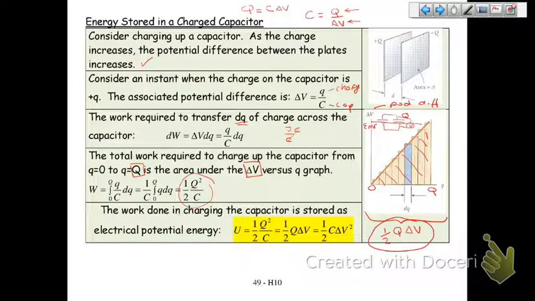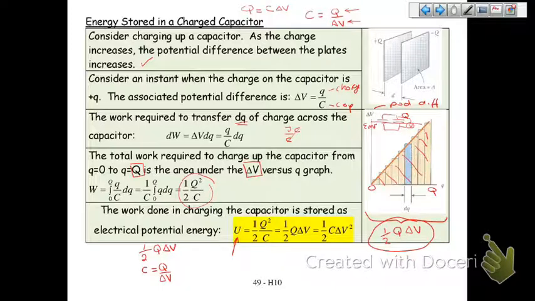So how do they relate? The energy is equal to 1/2 q squared over c, which equals 1/2 q delta v, which equals 1/2 c delta v squared. The way I approach this is, I know this one really well, because it comes from the graph. And I also know that c is equal to q over delta v.